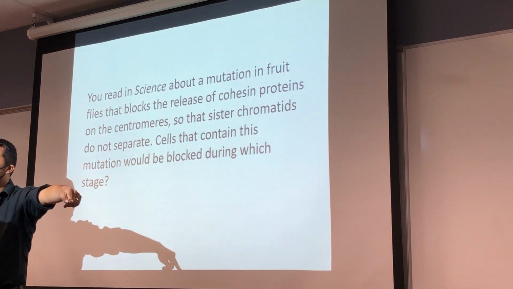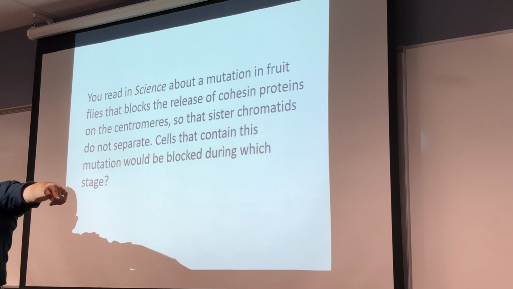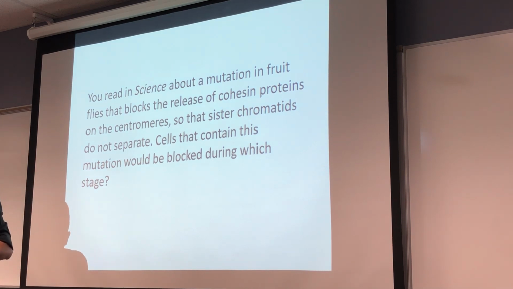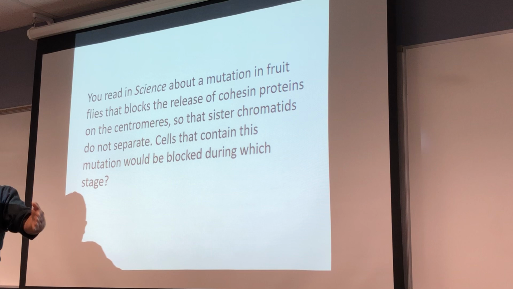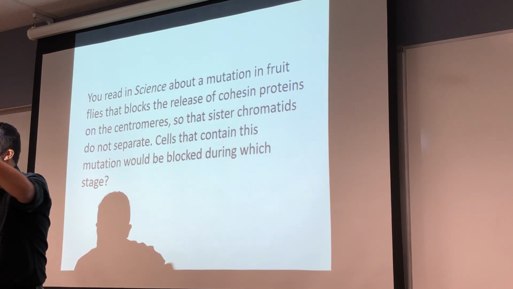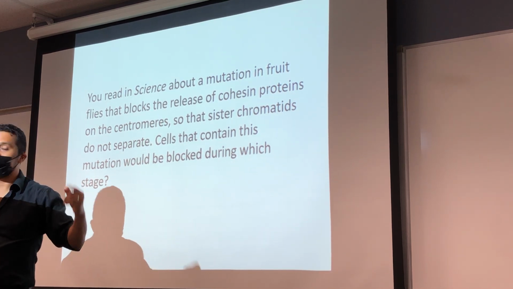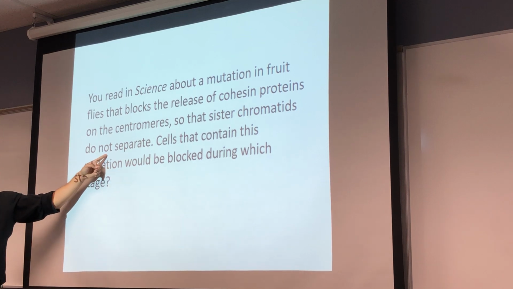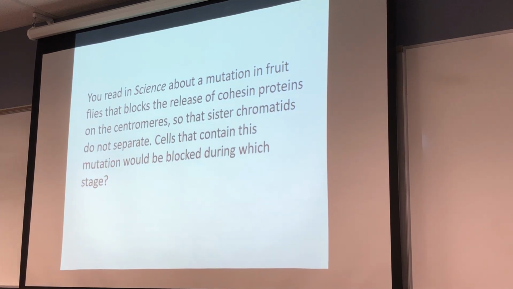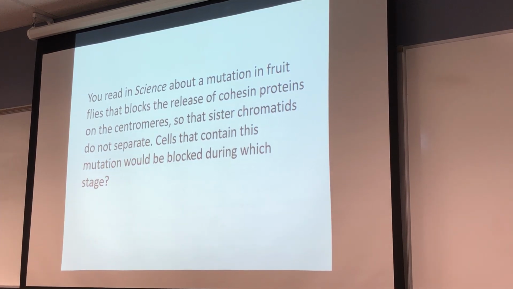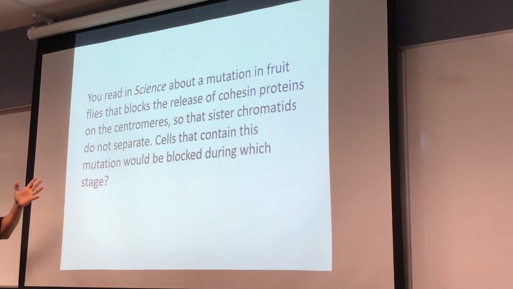Separase cuts cohesin, and then the chromatids separate, right? Here there is a mutation so cohesin refuses to be broken down by separase, so sister chromatids cannot separate.